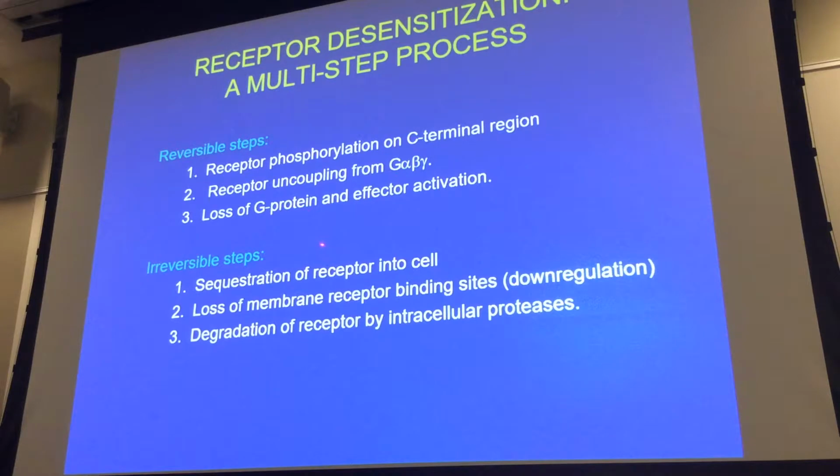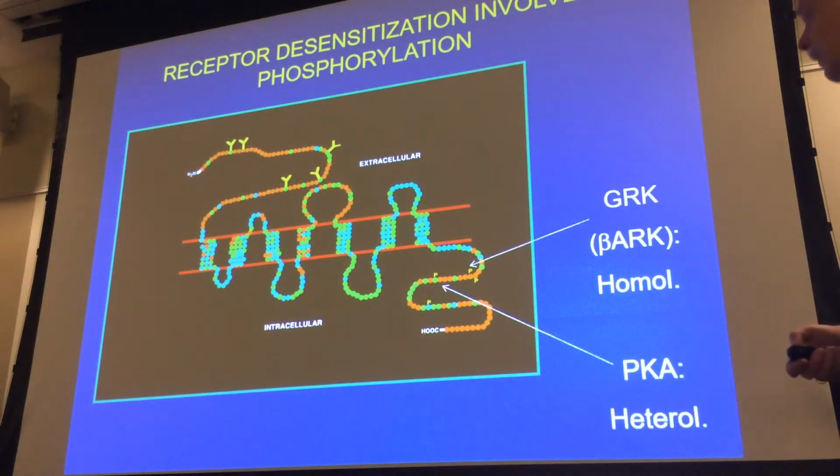But if it's stimulated for a long time, then you get sequestration of the receptor into the cell. Then that brings about a loss of membrane receptor binding sites, which is downregulation, and degradation of the receptor by intracellular protease enzymes. All right, so let's go back to our simple two-dimensional cartoon and see how this works.